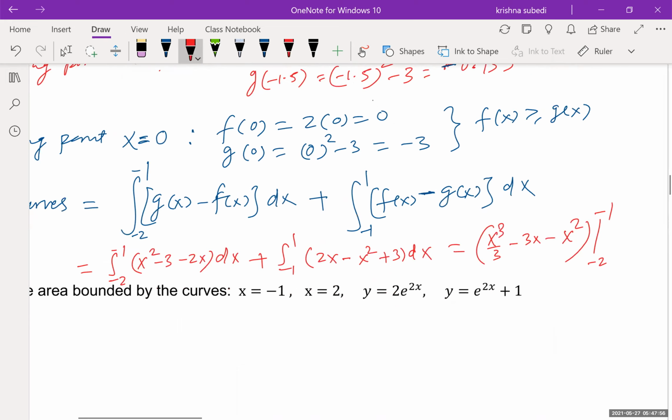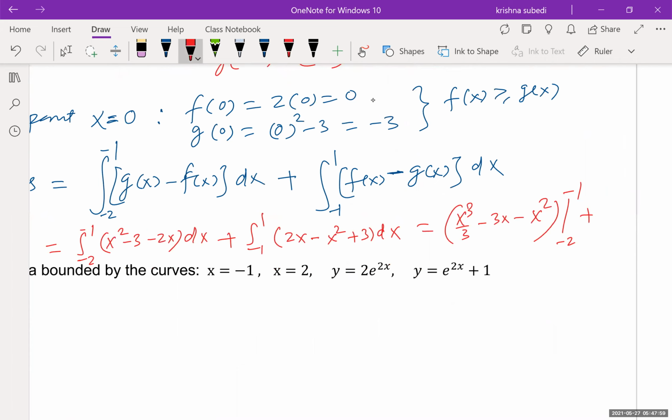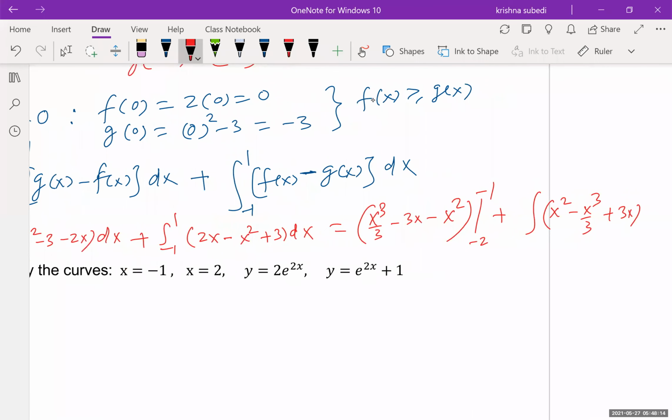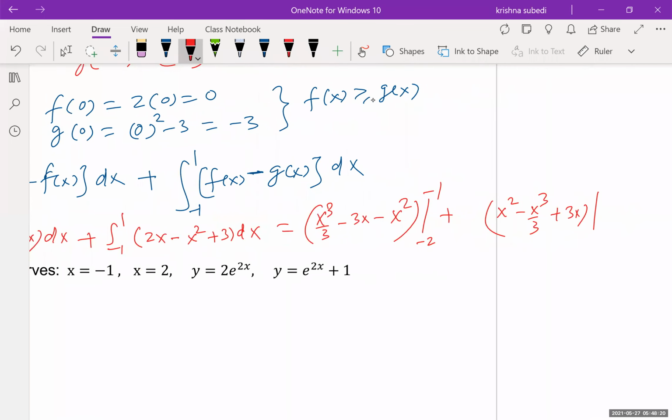The first integral will be that, plus the second integral will be, again the same, 2x squared over 2, which means I can simply write x squared, minus x cubed over 3 plus 3x, and the limits are negative 1 to 1. Just plug in the values and let me know the answer. Once you calculate the final answer, please write your answer in the chat box.